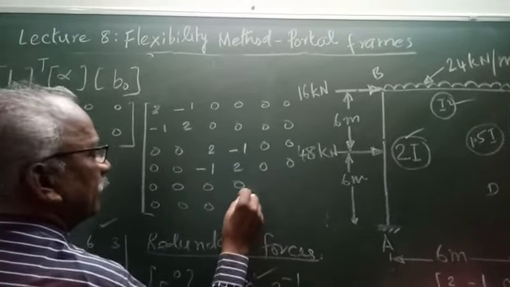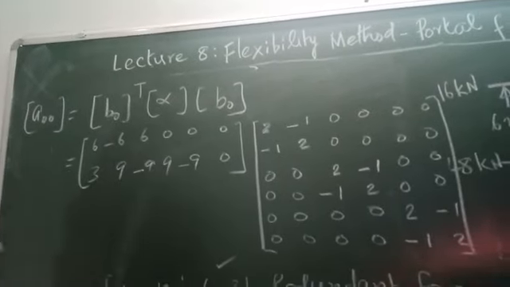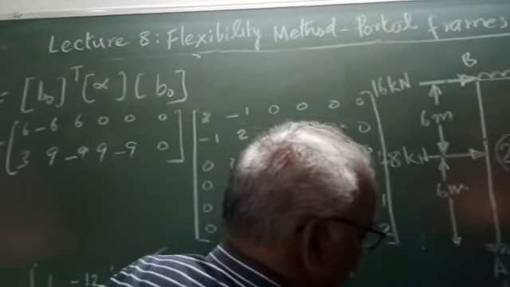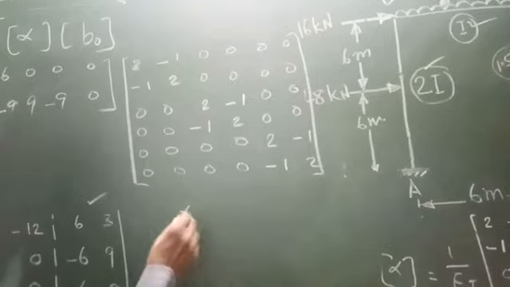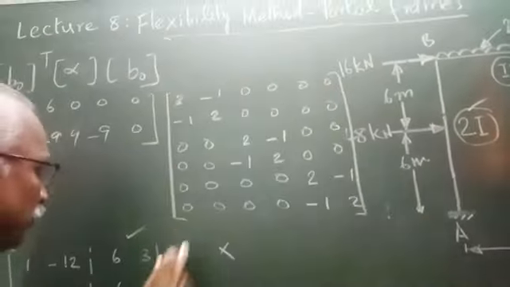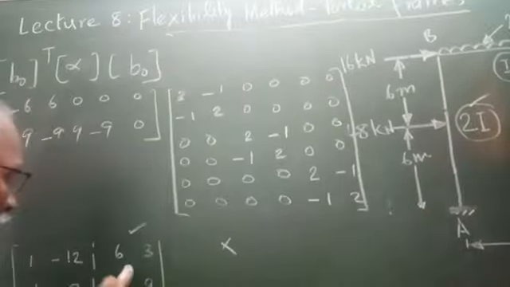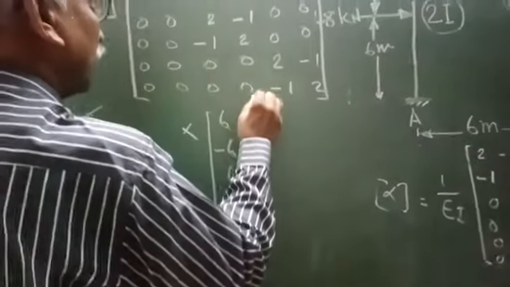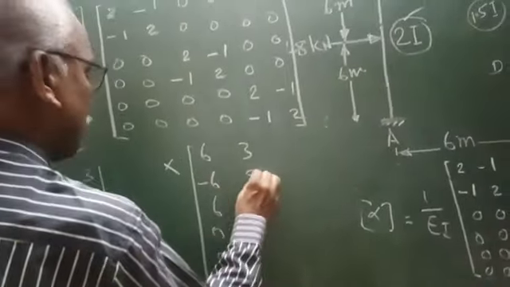So this is alpha into B naught. A naught naught equal to B naught transpose into alpha into B naught. B naught is this 6 minus 6 0 0 0 3 9 minus 9 9 minus 9 0.